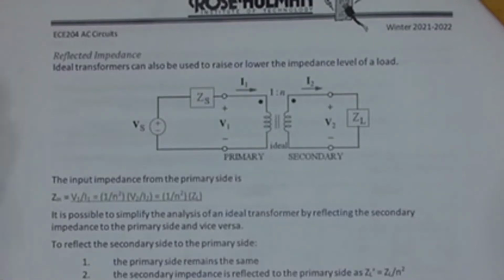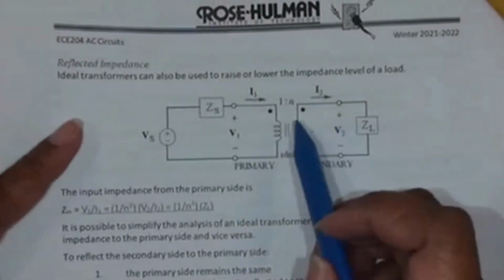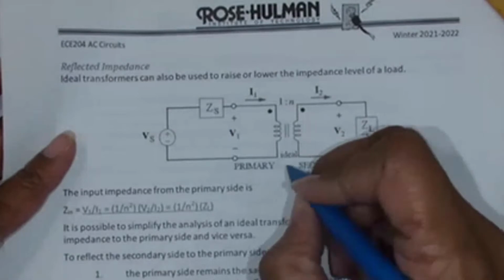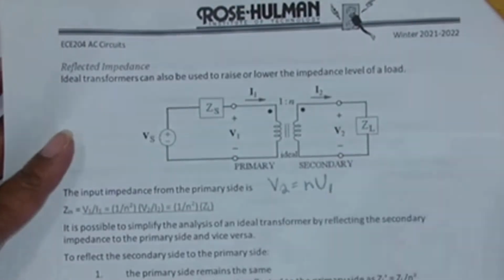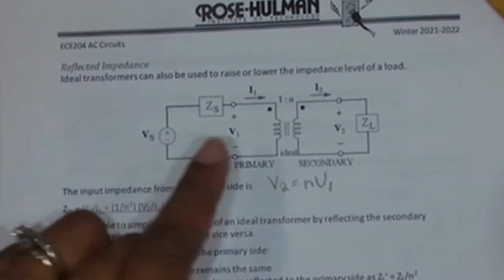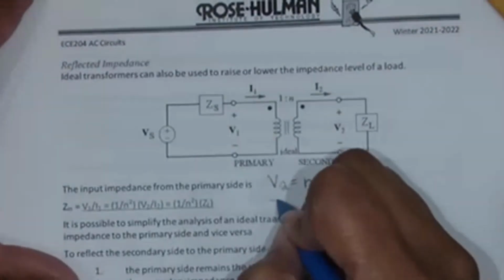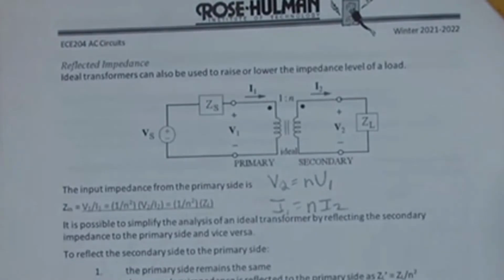This works because, remember, if I go back and look over here, let's write down the formulas. They're both positive at the dots, right? So that means that V2 equals N V1, right? One current enters at the dot, one current exits at the dot, so that means that I1 equals N I2.